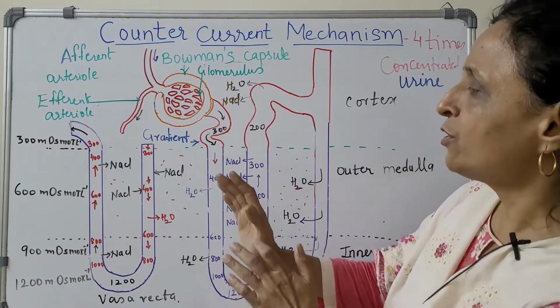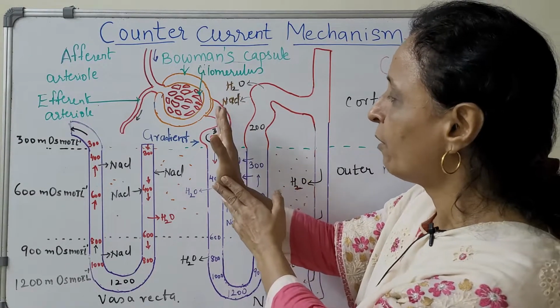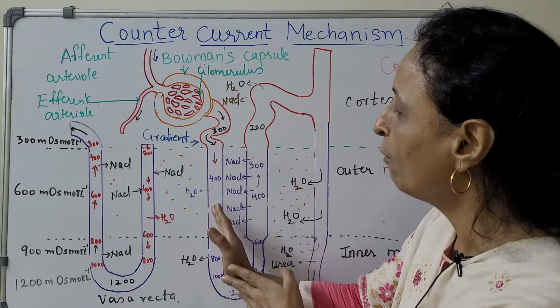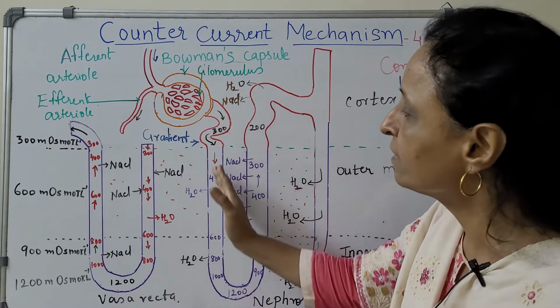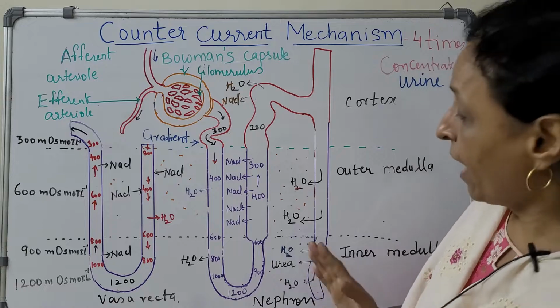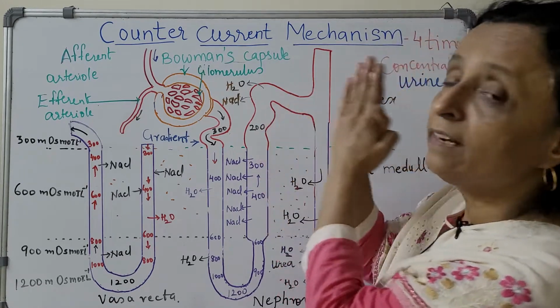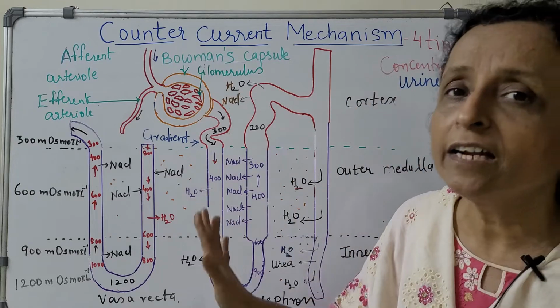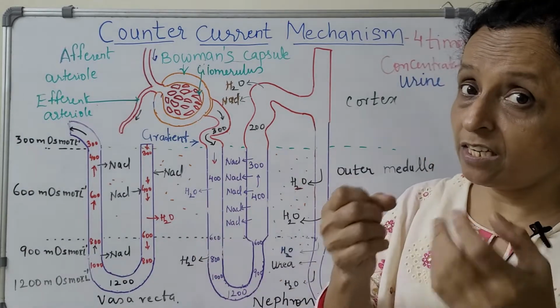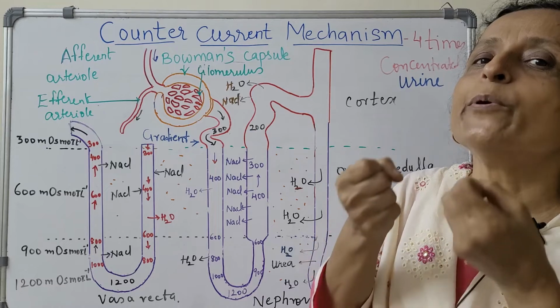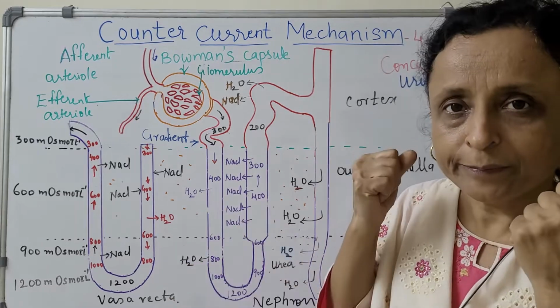Now, why is it known as counter current? Because there is a current formed in the descending limb, and there is a current formed in the ascending limb, which are exactly opposite. Since they are exactly opposite, they are known as counter current.